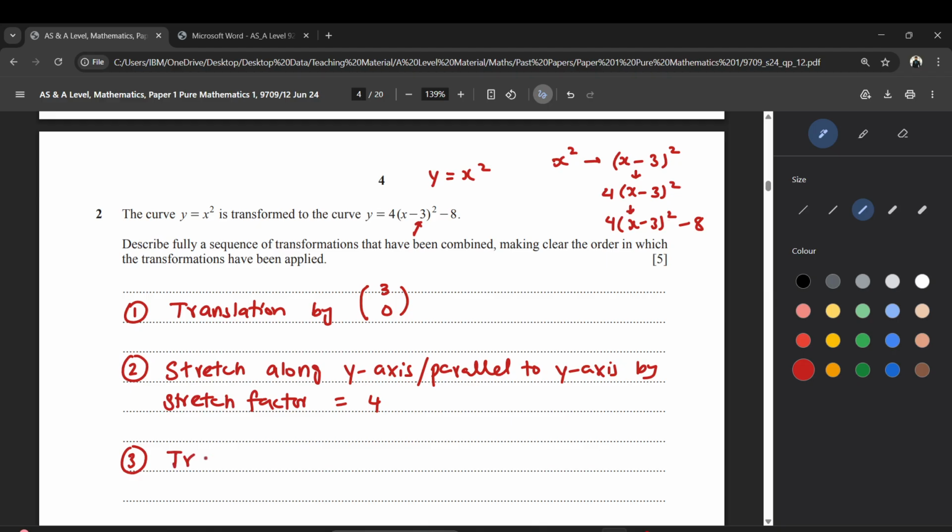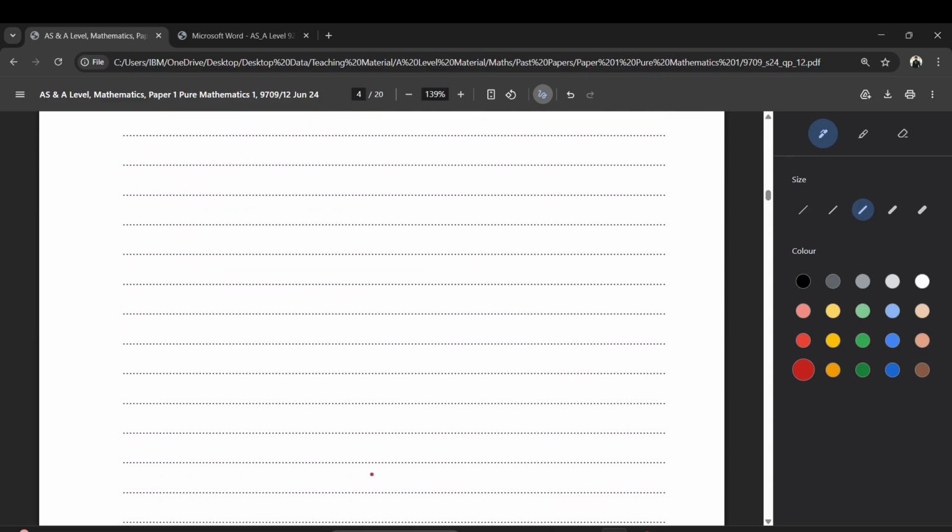So we can simply say translation by 0, minus 8. That is it. If you want, you can write in this form, but if you want to explain in wordings, then you can say translation of 8 units down, or you can say vertical translation of 8 units downwards. Okay, so that's what you can write as well.